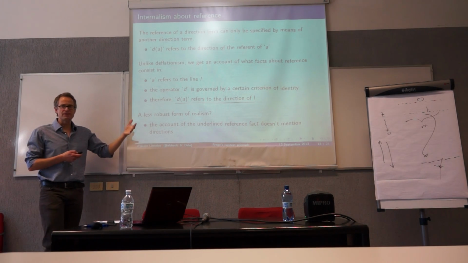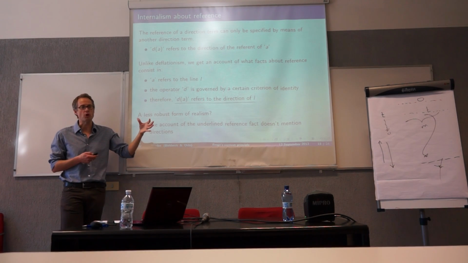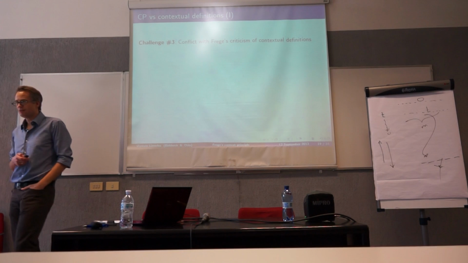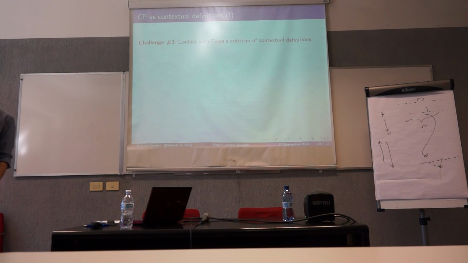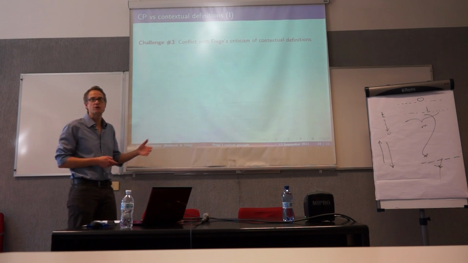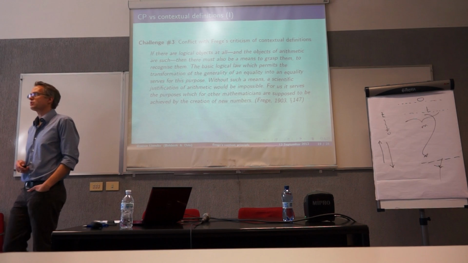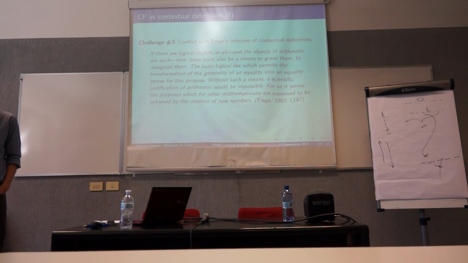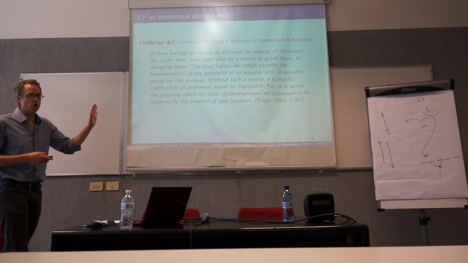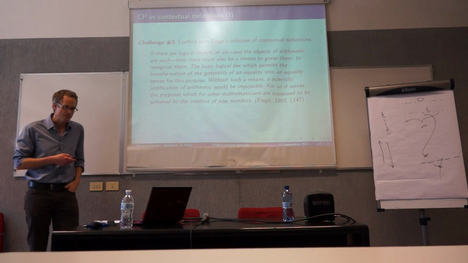So does that mean that the realism here is somehow less robust? And this is a good occasion then to say a bit about what Frege has to say concerning contextual definitions and realism. And Frege says things here that are quite compatible with the kind of account that I'm somewhat tentatively describing to him.